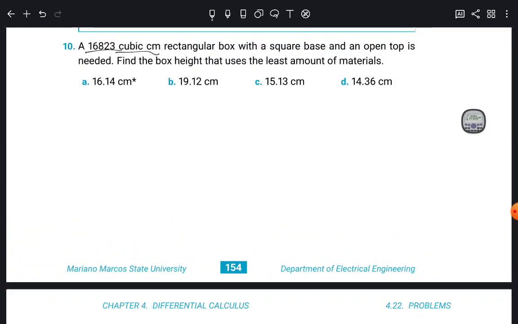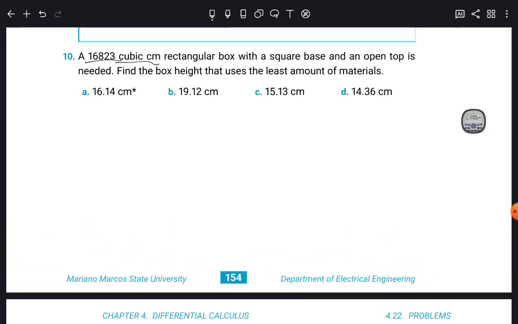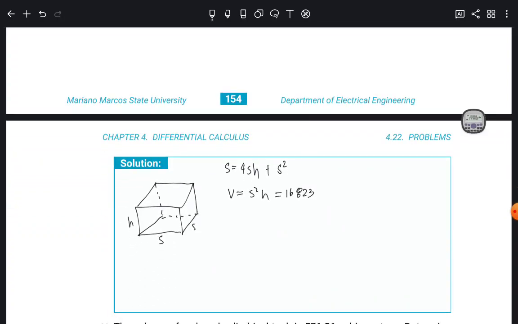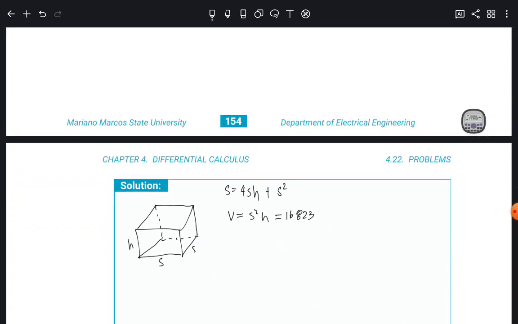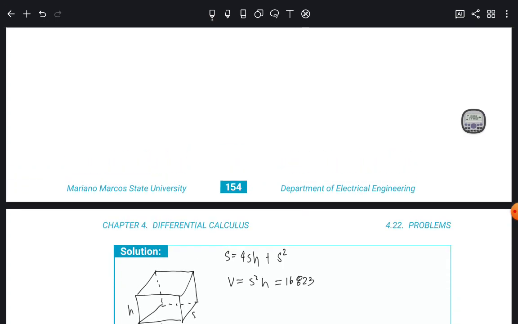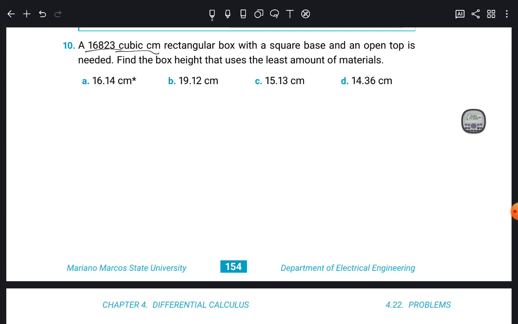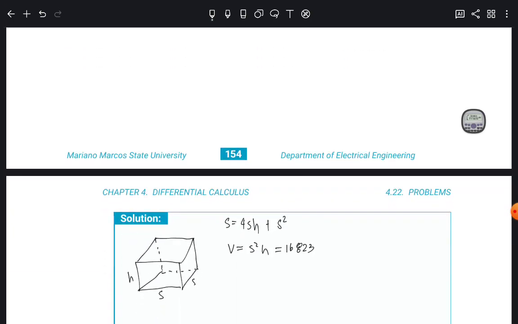So from here, we can now relate our S and H. But remember, we are solving for the height of the box. What should be the height of the box so that we use the least amount of material with the constant volume given?